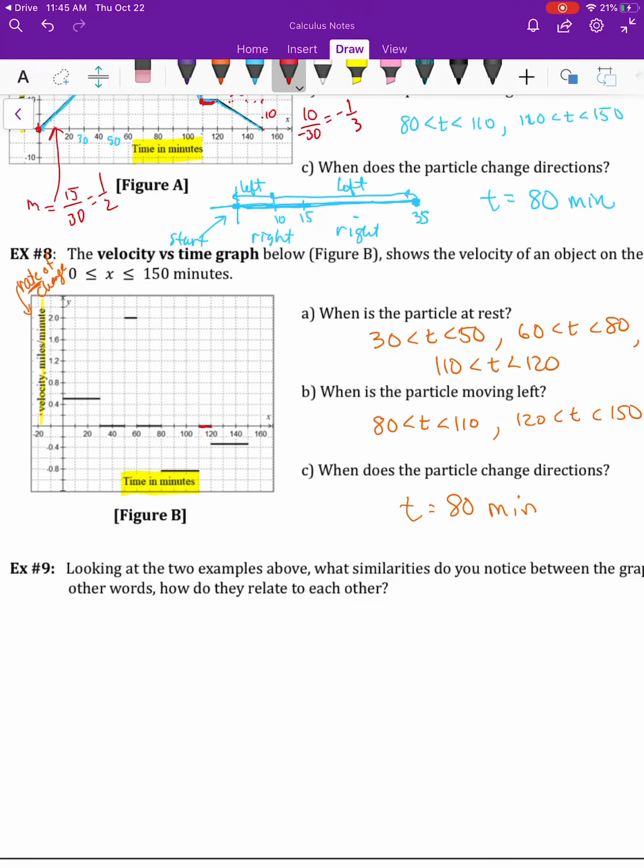Or maybe I didn't. Wait, between 120 and 150. I don't know. The one I drew on my paper, I got negative 1/2. And now I'm getting negative 1/3. So this one does look more like negative 1/3. So this one looks right for what we're looking at here.